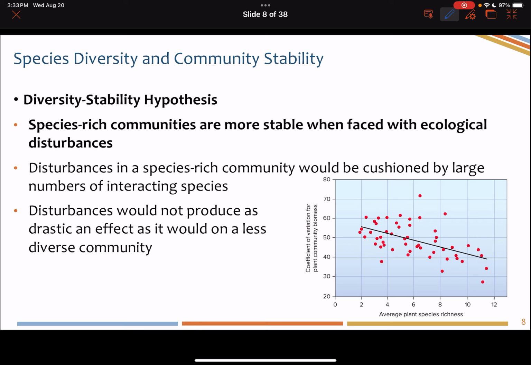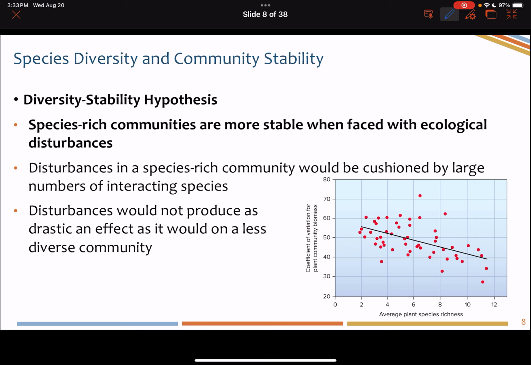Species diversity is important because of this diversity stability hypothesis. This hypothesis says that species-rich communities, so when we have more species in a community, but also when they're evenly distributed, are more stable when faced with ecological disturbances.